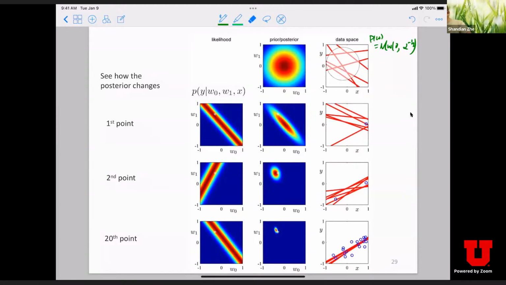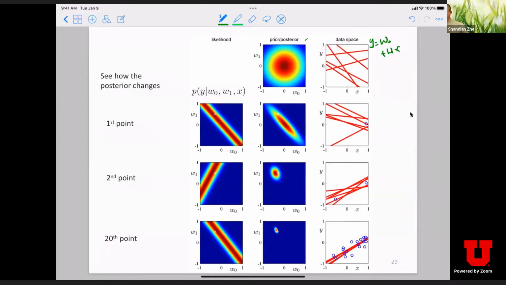Before we observe any data points, if we sample W0 and W1 from the prior, we can construct our fitting function, or regressor, as y equals W0 plus W1 times X. Those red lines show the regressors constructed from weights sampled from the prior.